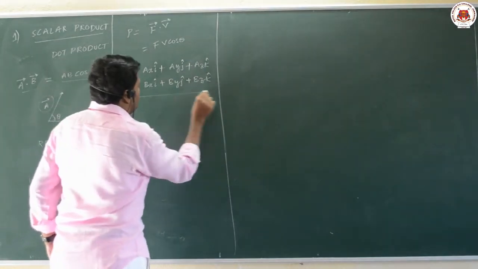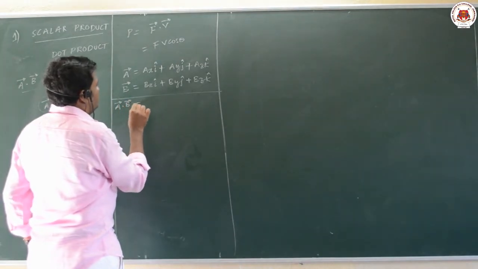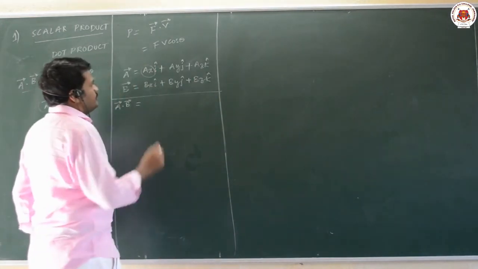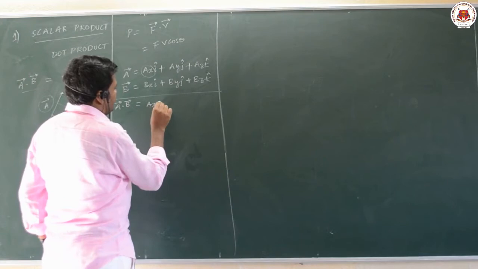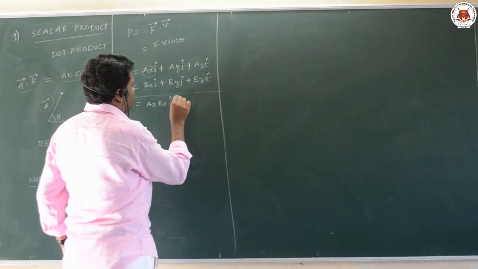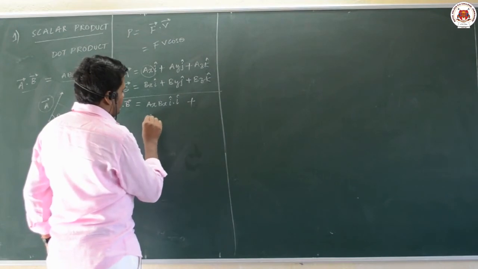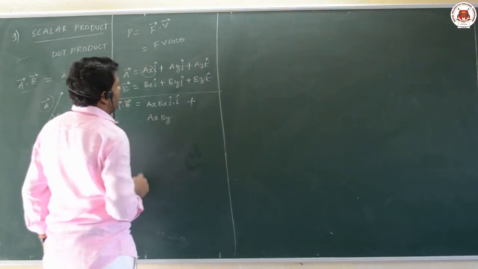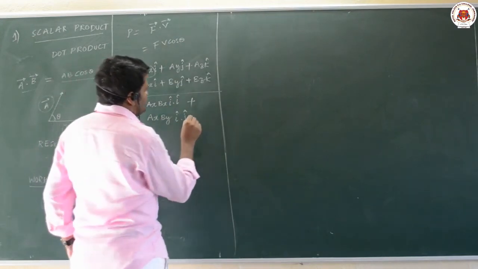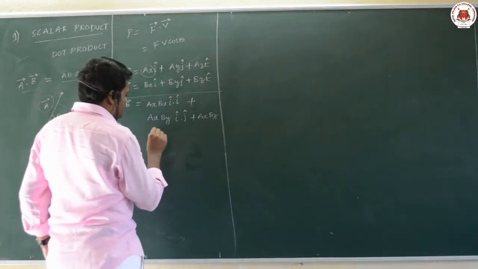Now if you want to do a bar dot b bar, take each term of a, multiply with all terms of b: ax bx, i cap dot i cap, plus ax by, i dot j, plus ax bz, i dot k.